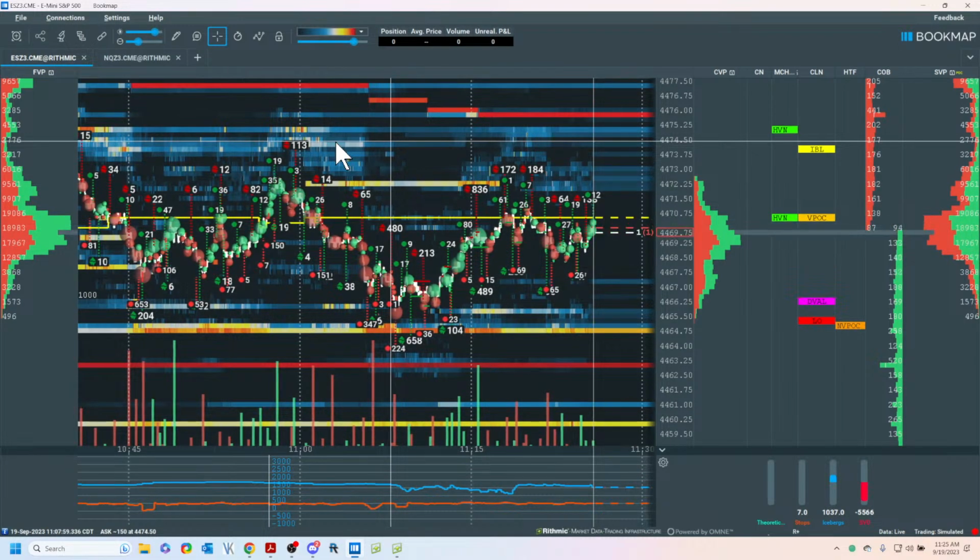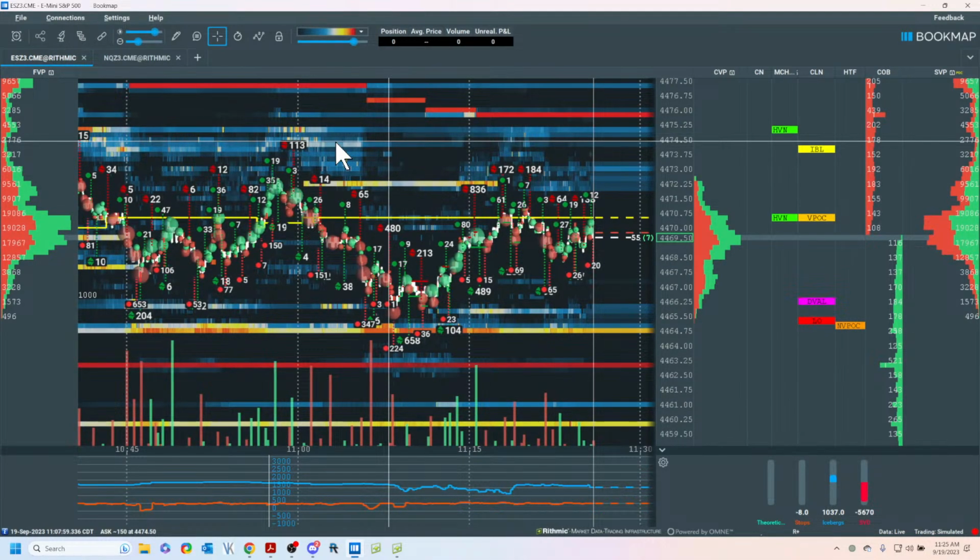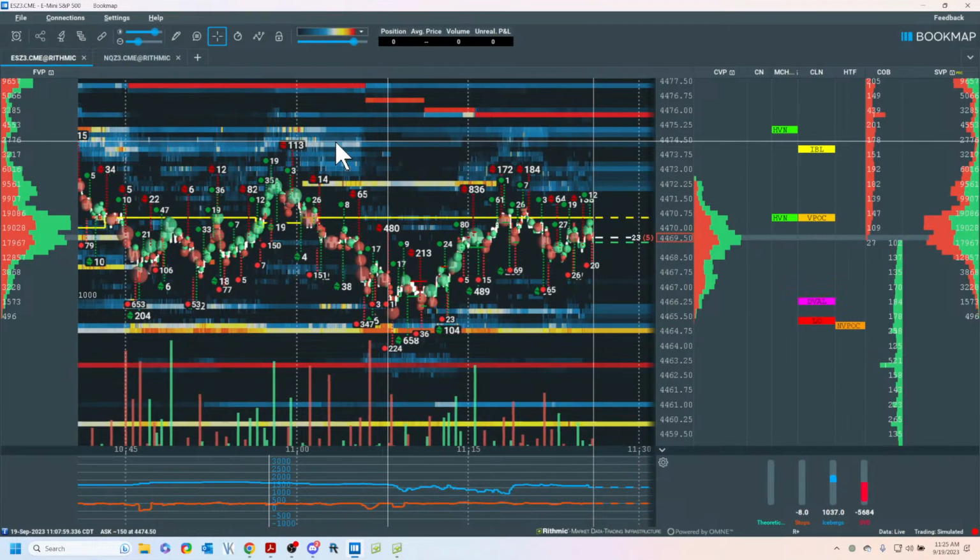Yeah, the short squeeze is possible. Are you guys with me?